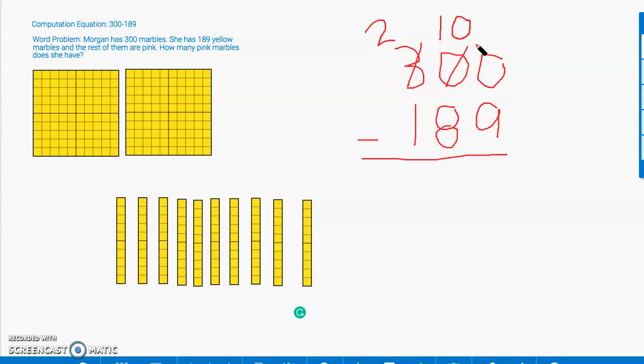However, we still don't have any ones, so we need to go back over to our base 10 blocks and decompose one of our tens into 10 ones. So here we can break apart this 10 into 10 ones.